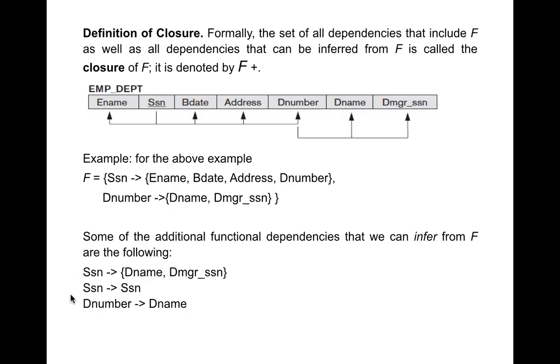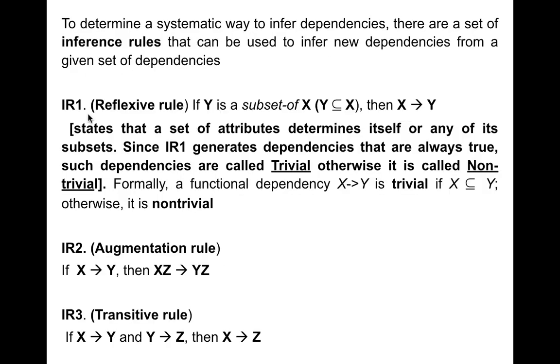So we can say D number gives D name from this given functional dependency. Such a thing inferred comes under the reflexive rule.